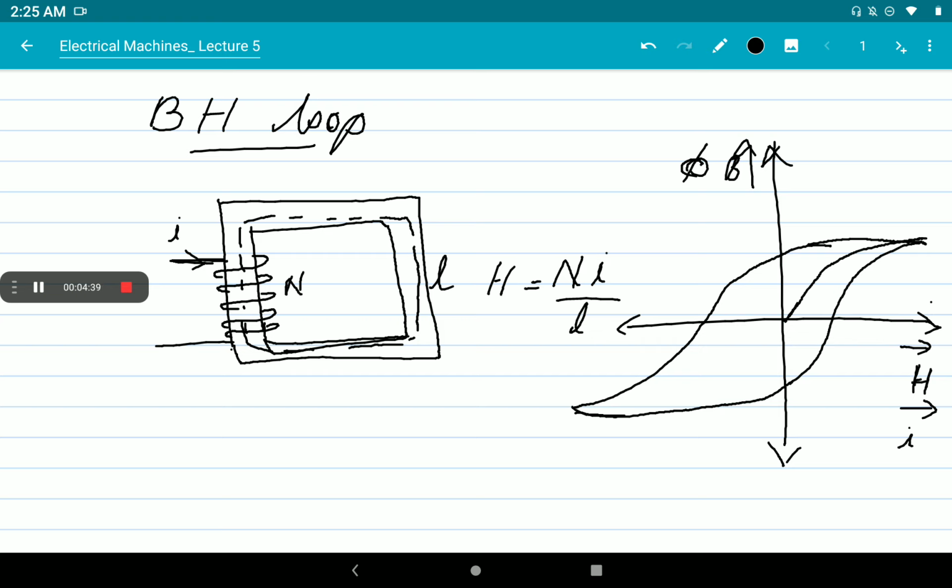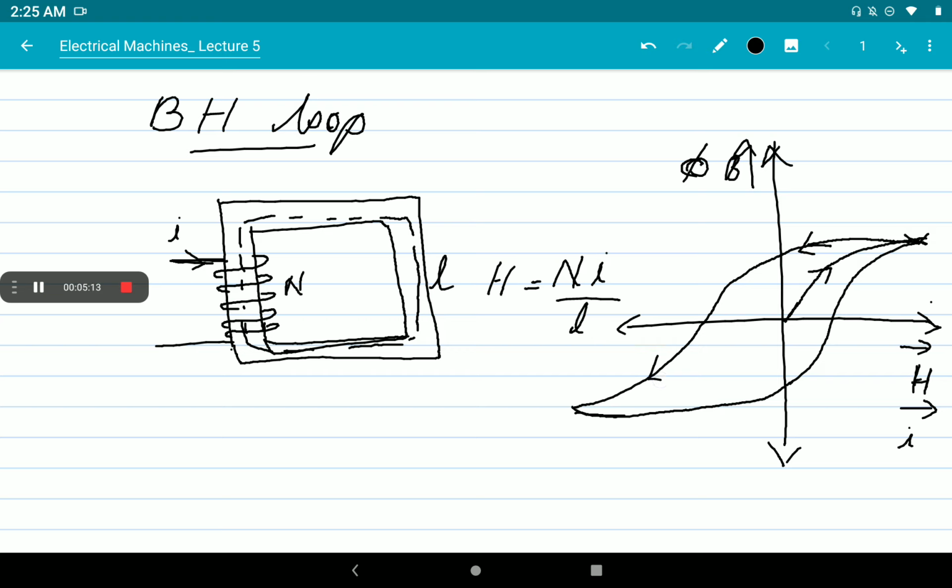That means, just assume when we are giving an alternating current to a coil, the magnetization and the field intensity will increase, and the magnetic flux density will reach the maximum saturation point here. Even if the magnetizing field is made zero, the values of I and B are not going to be zero because it follows a path. Magnetic flux density will not become zero. It follows a path like this.